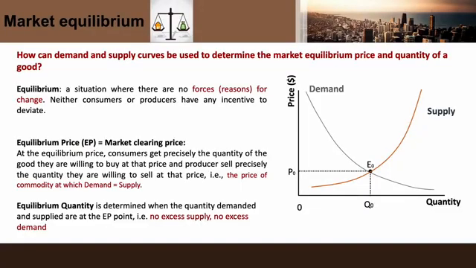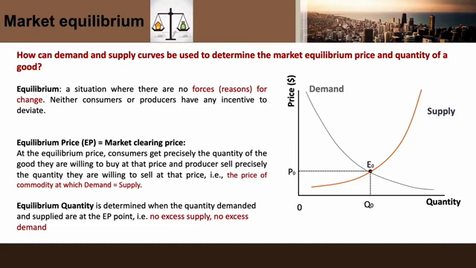Now, here I'm trying to recapture some basic concepts of market equilibrium. So what do we mean by equilibrium? Equilibrium is a situation from which no one has an incentive to deviate. It's a situation where there are no forces or reasons for change.